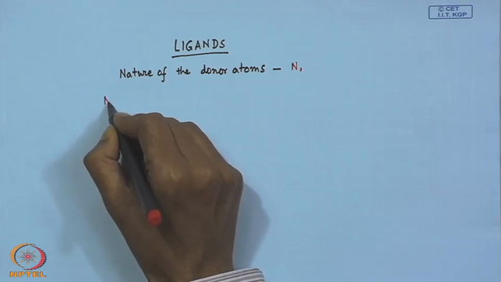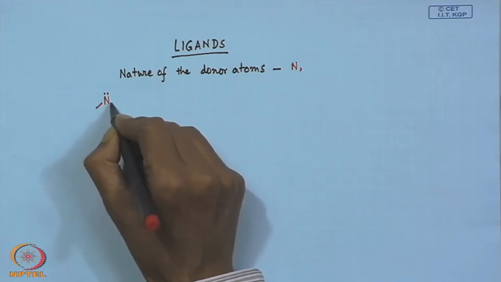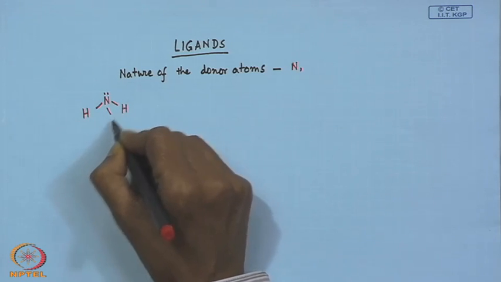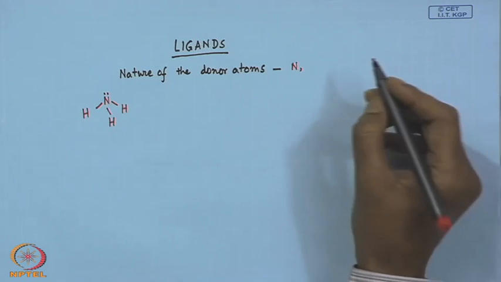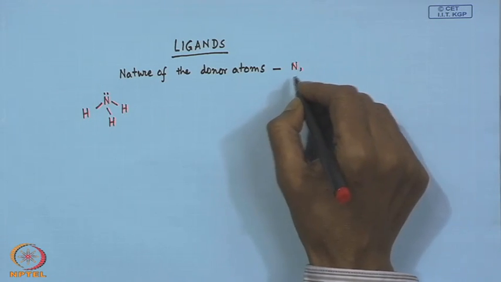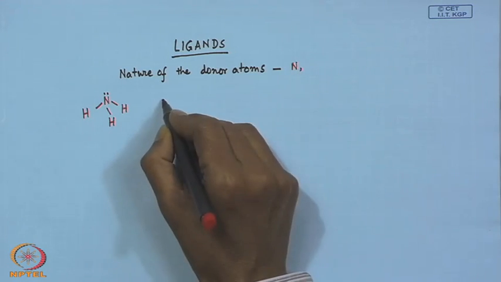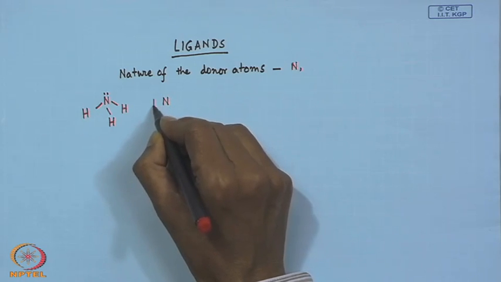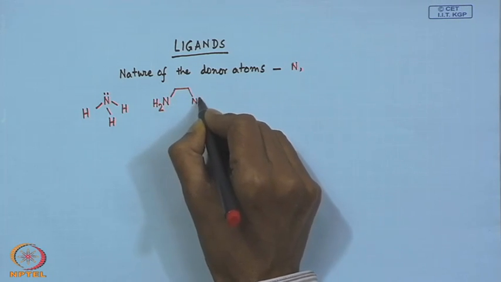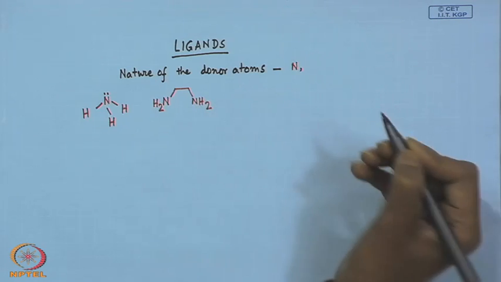What we have seen in the most simple one, which comes to our mind, is the simple ammonia molecule, which is also a monodentate ligand. Then we can have the bidentate ligand based on the same nitrogen, which is ethylene diamine.